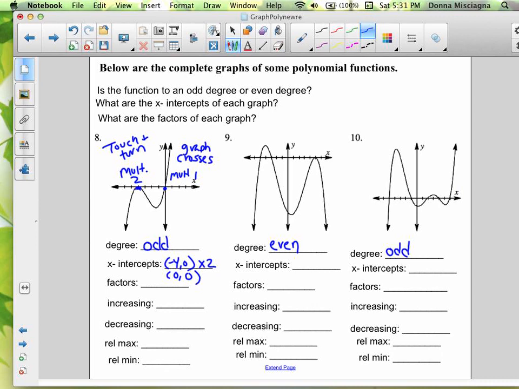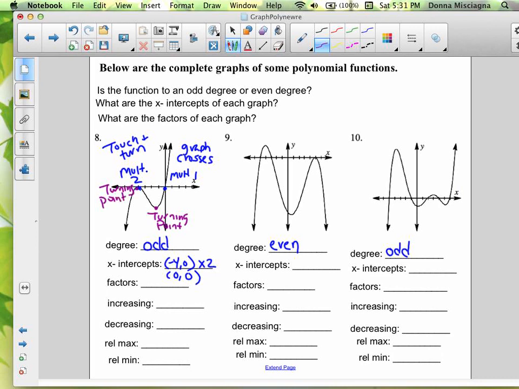Another way we can tell is by the number of turning points. Let's write in our turning points here. I'm going to use purple for turning points this time. The turning point is right here. I have enough room, so I'll write turning point. And this one over here is an x-intercept, but it's also a turning point.